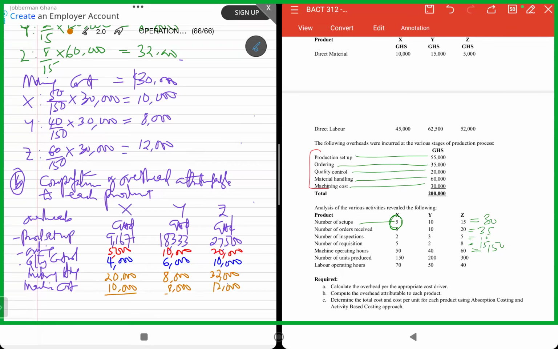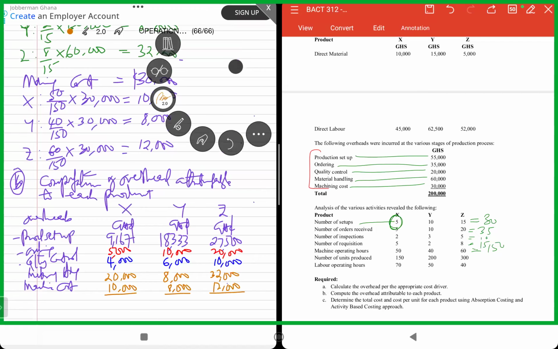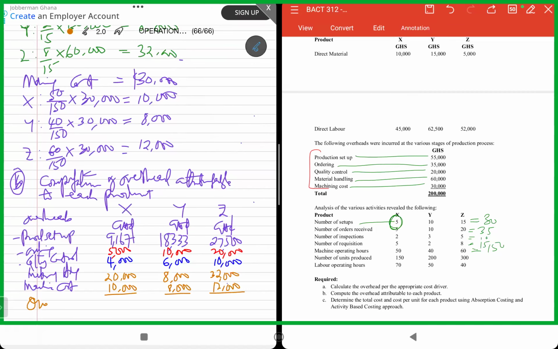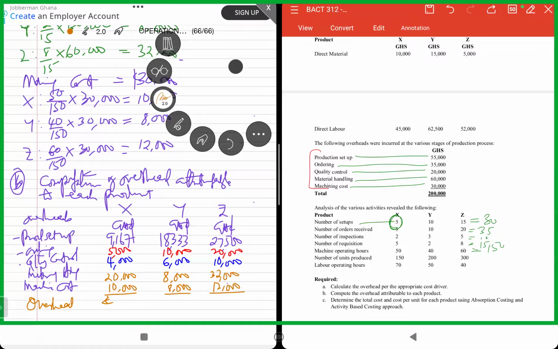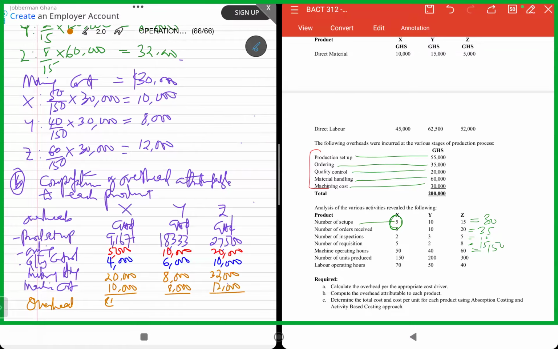Then we add everything. That will give you the total overhead for each product. The first one is 48,167. For the next one, I'm doing it. 53,333.